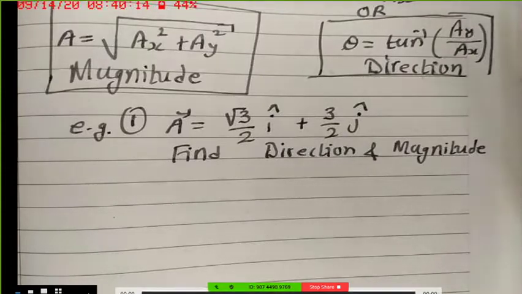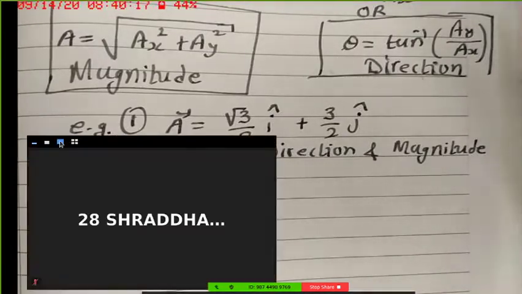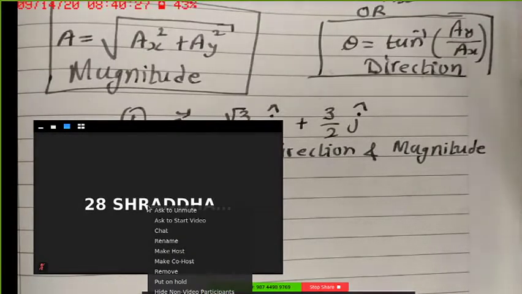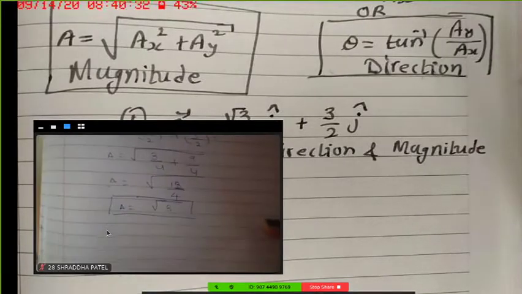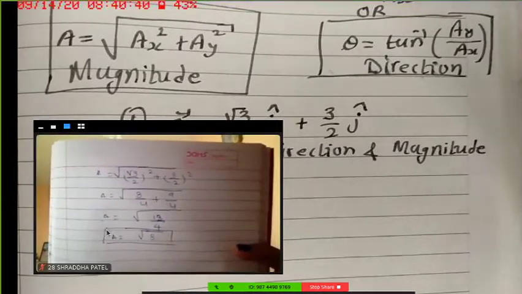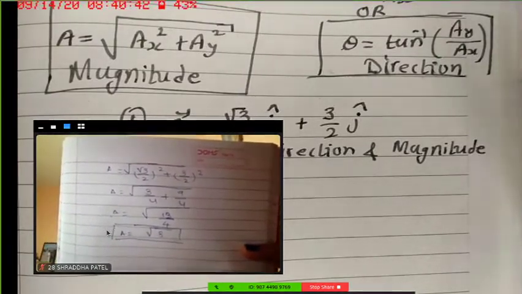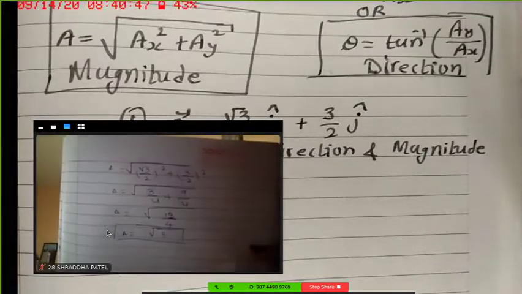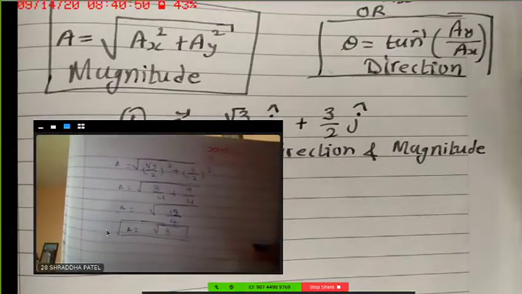Done, sir. Okay, Sardar, show it on the screen. Okay. Root 3 correct. 13 by 4 root 3. Okay. Sir, it's 12.